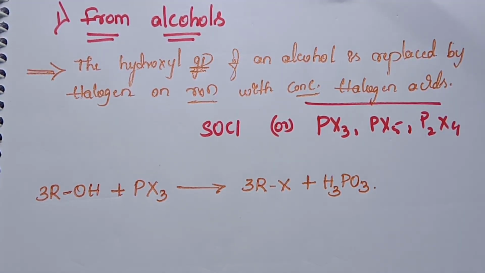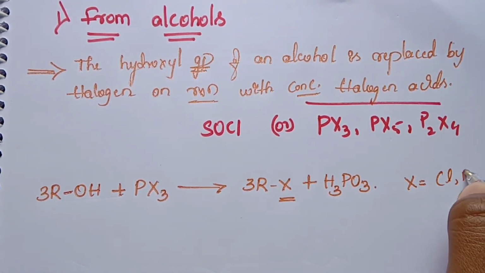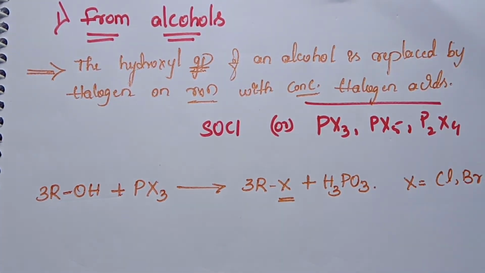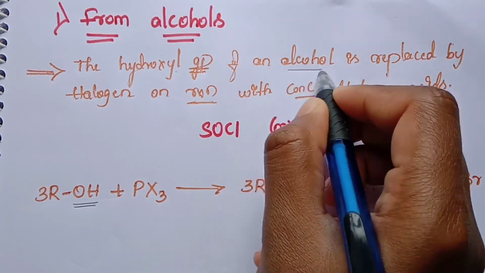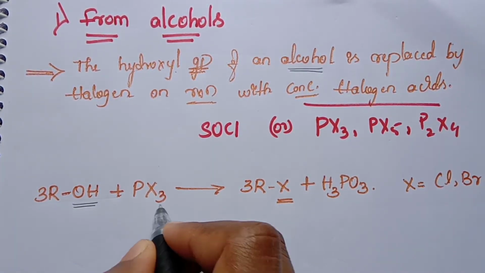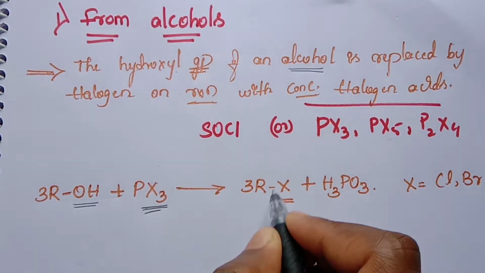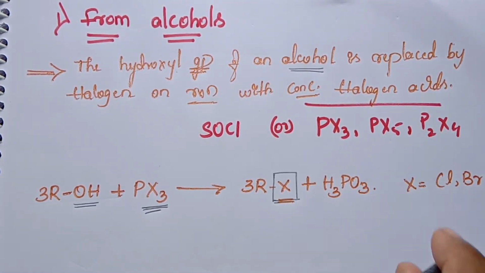Here we use X for halogens, where X is chlorine or bromine. The OH, hydroxyl group of an alcohol, is replaced by a halogen, X. Then they form alkyl halides.